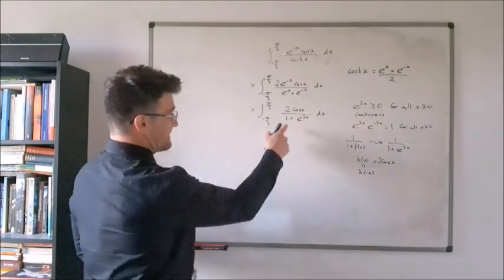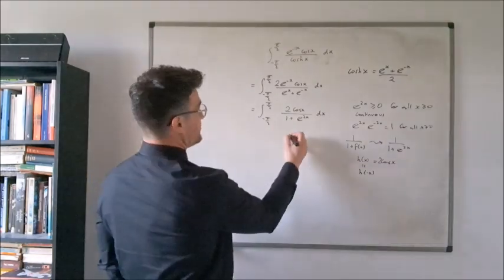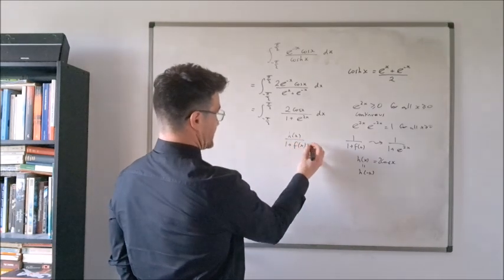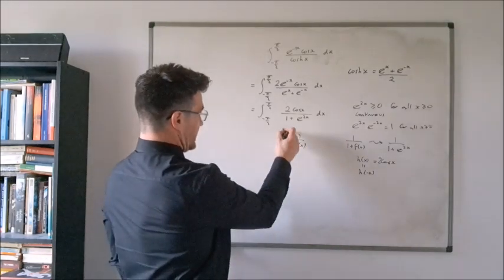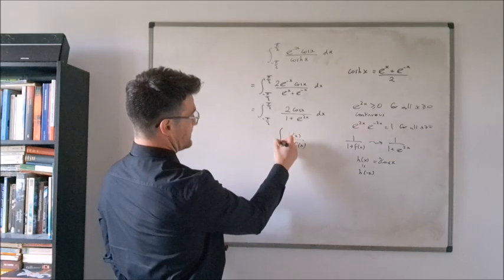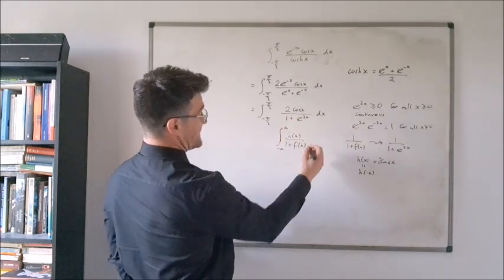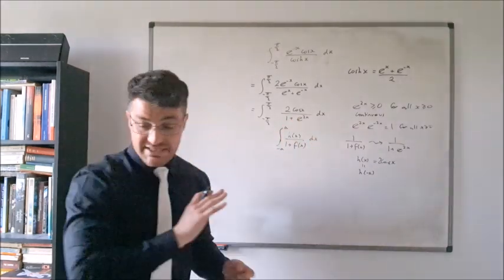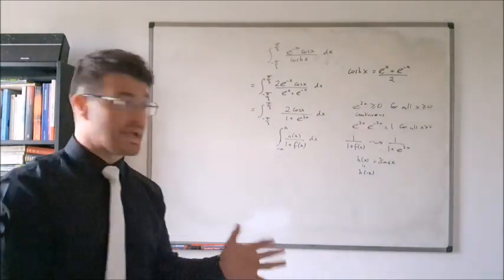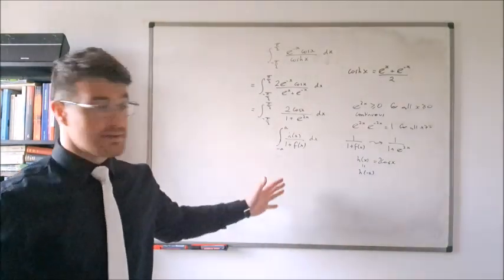So, in other words, I've got something here of the form h of x over 1 plus f of x. The integral is from minus a to a dx. It's exactly what we were looking at in part 3.